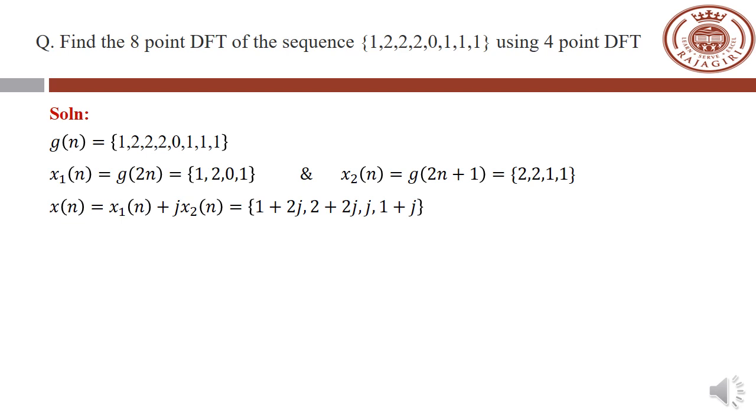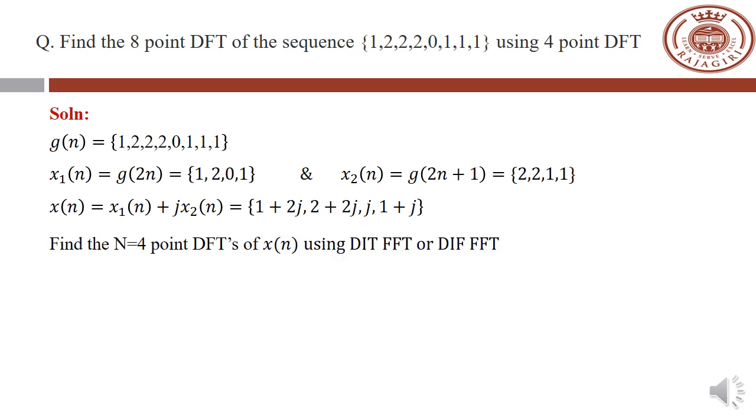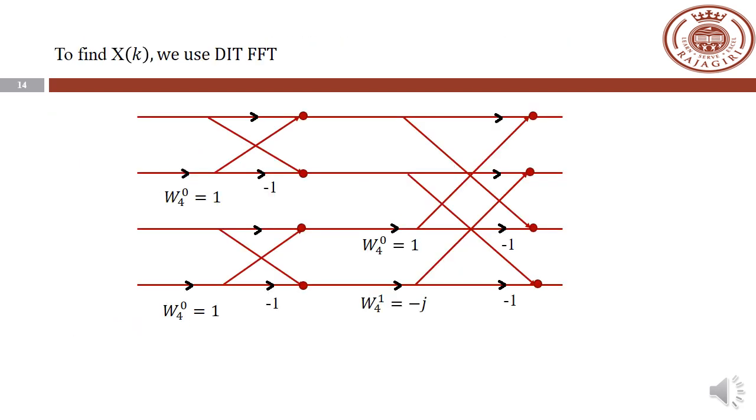Now, we are going to find the 4-point DFT of the sequence x of n. This can be done by using either the DIT-FFT or the DIF-FFT structure. Since we are going to find the 4-point DFT, we require the twiddle factors W4 raised to 0 and W4 raised to 1. Like in the previous question, we use the DIT-FFT structure to compute the 4-point DFT X of k.